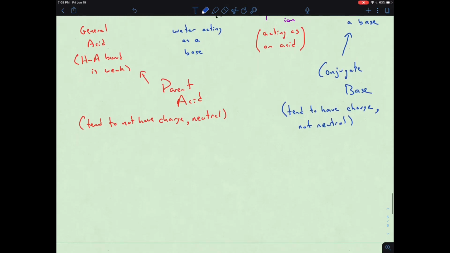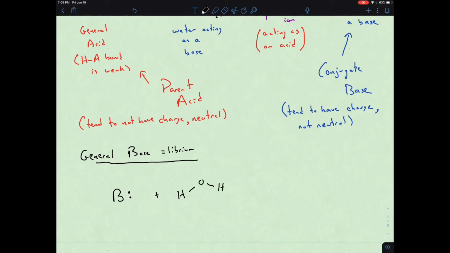We can do the same type of assignment with a general base equilibrium. And so here we were looking at our base being a B with a lone pair, and here is our water.